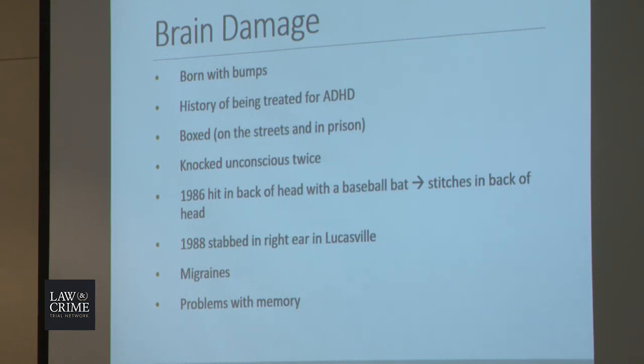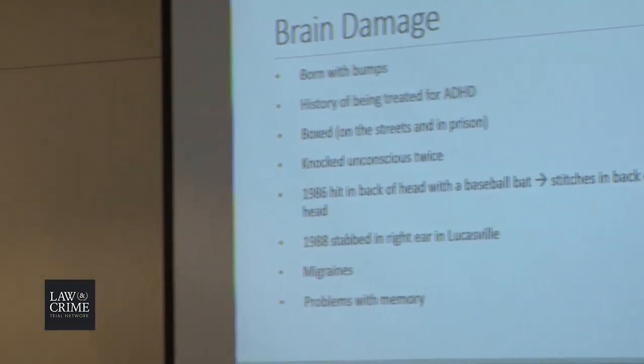But even without knowing that he was born with bumps all over him, we know his mom's history. We know her age. We should be concerned that there is potential for toxin exposure in utero, which could, of course, contribute to brain dysfunction. We know that from a very early age, he had what was diagnosed as ADHD. And maybe it was ADHD.